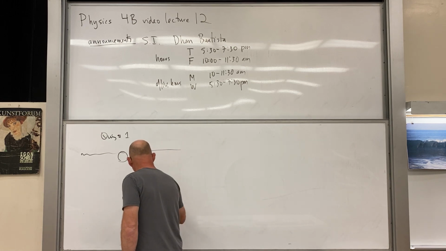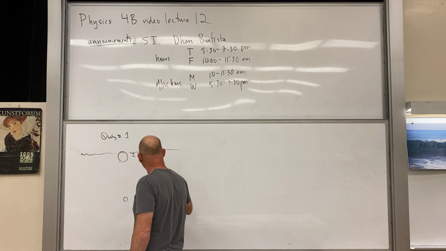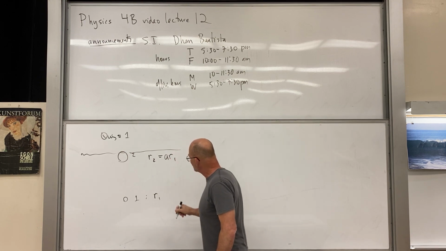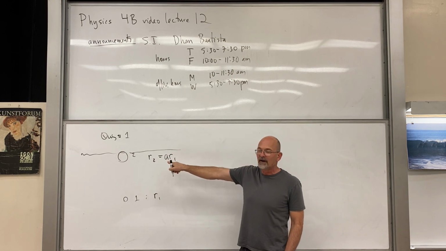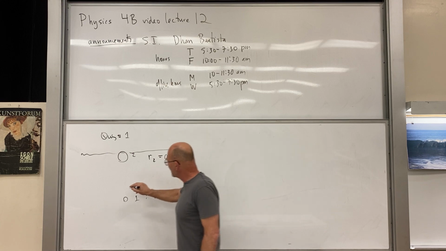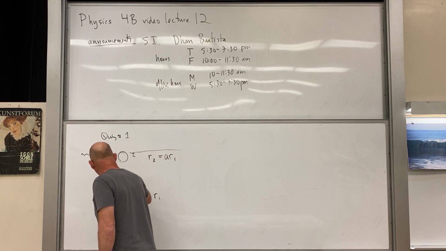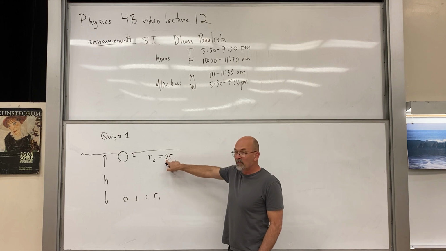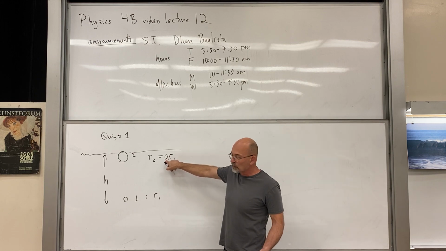Down here we had R1, the radius of the bubble, and up here R2 was some constant times R1. That constant was different for everybody. And the question is, what is the depth, given that the bubble had expanded in radius and of course in volume.